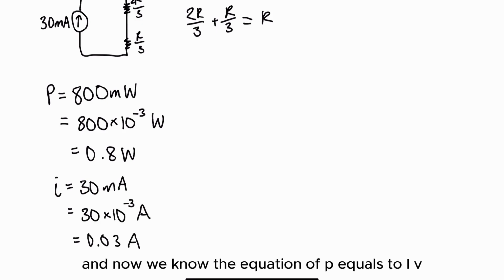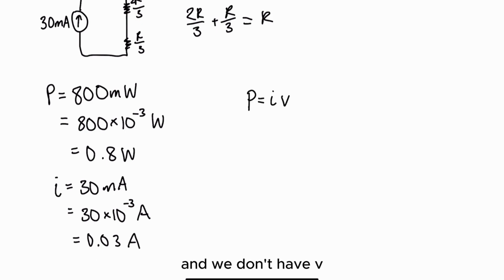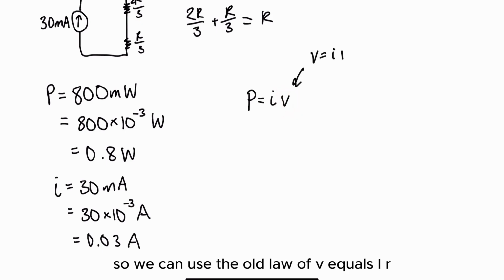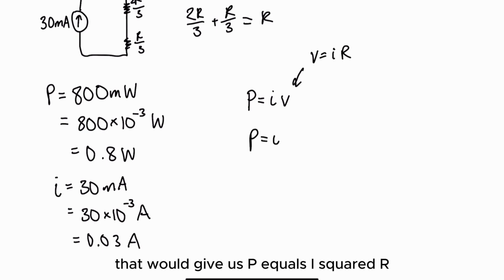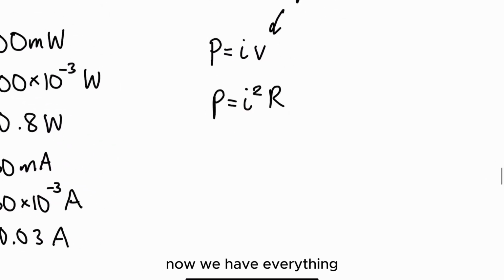Now we know the equation P equals IV, and we don't have V, so we can use Ohm's law, V equals IR, and substitute V in. That would give us P equals I squared R. Now we have everything.